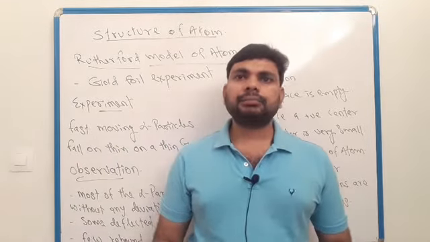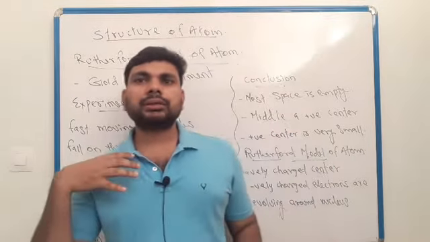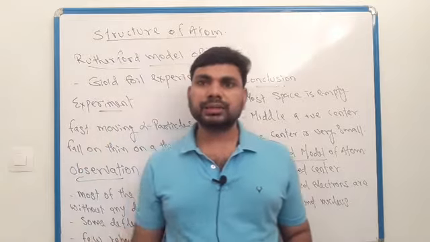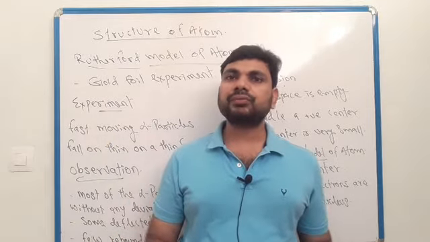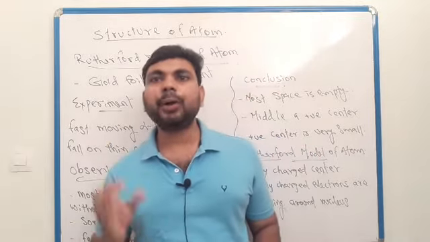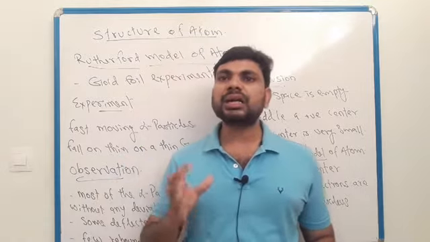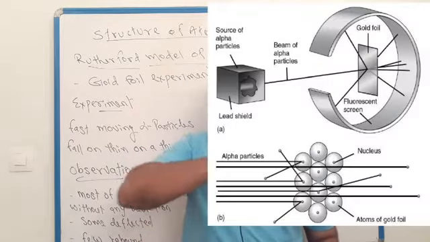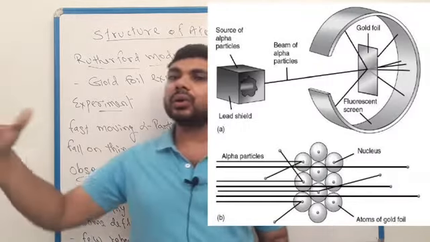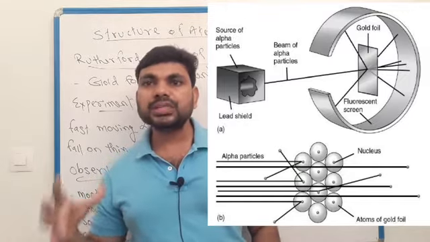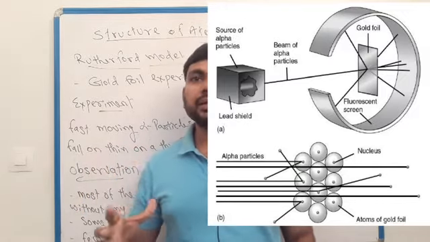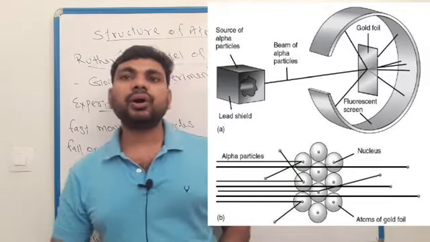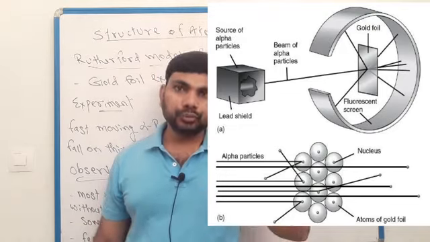To introduce the Rutherford model of atom, the scientist Rutherford did one experiment. He passed positively charged alpha particles through a gold foil. The positively charged alpha particles fall on a thin gold foil.